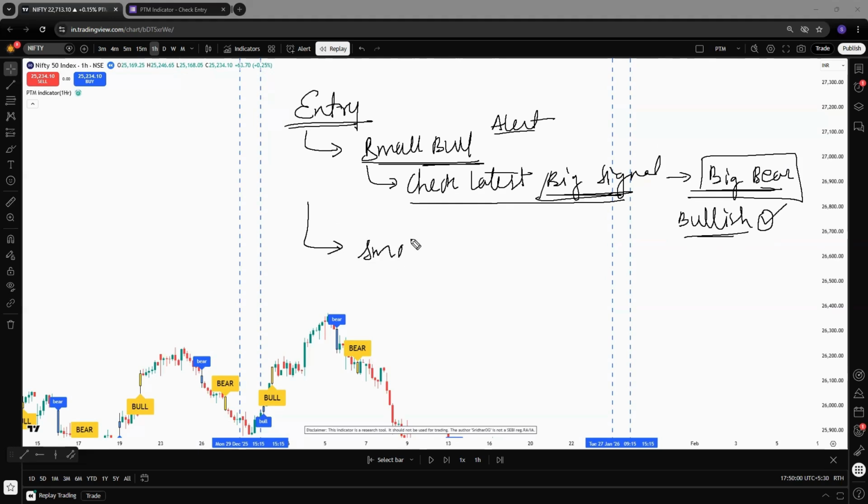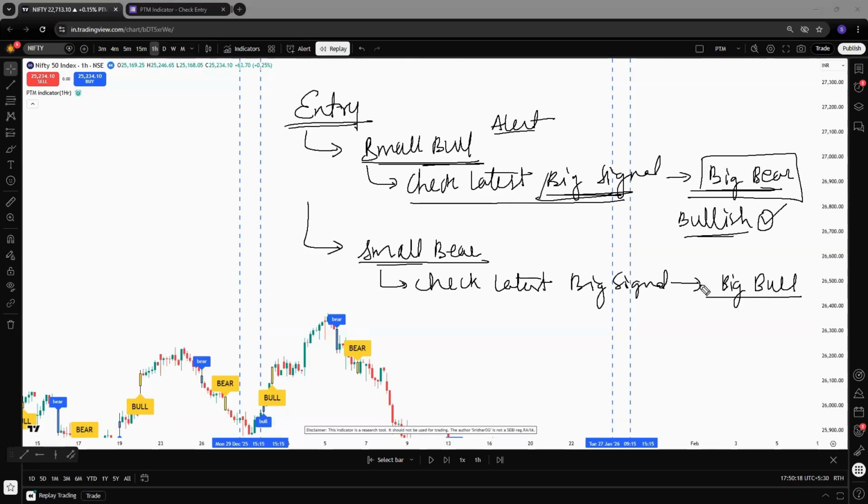Suppose it is a small bear signal, I check the latest big signal. It has to be a big bull signal. First I have the small bear signal, then I go check the latest big signal. It is big bull. Then my bearish trade is executed.